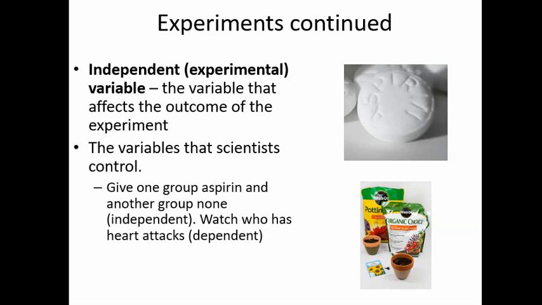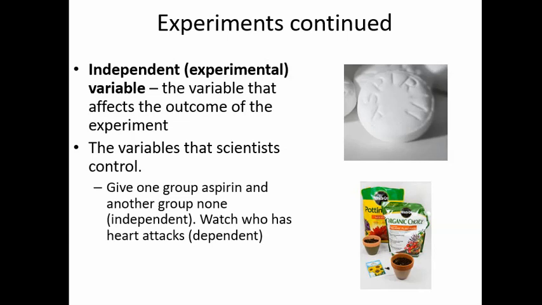The presence of the medicine, the aspirin, is independent. The scientists could control that by telling the people what to do. And then you could watch who has heart attacks over many years of having aspirin daily. The scientists can't control who gets heart attacks. They're not in there touching the person's heart. All they could control was whether or not they took aspirin daily.